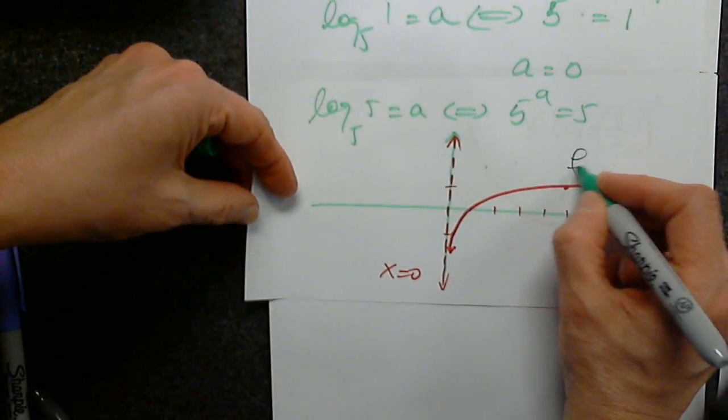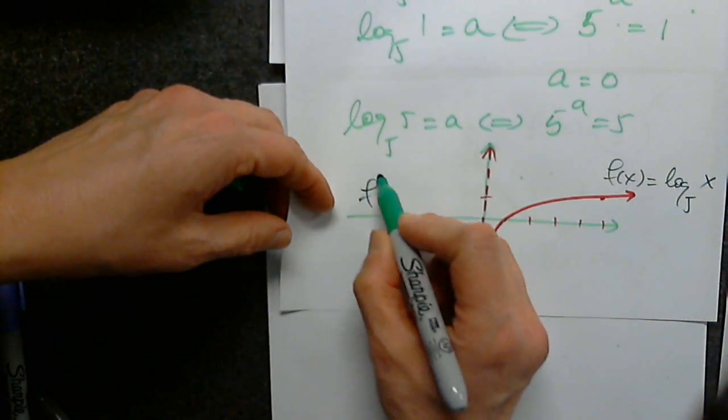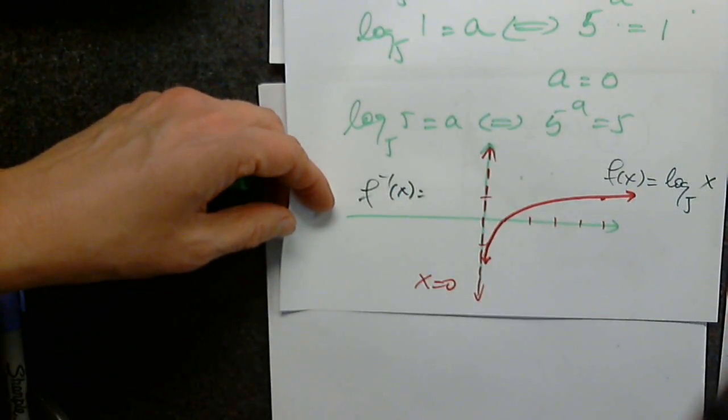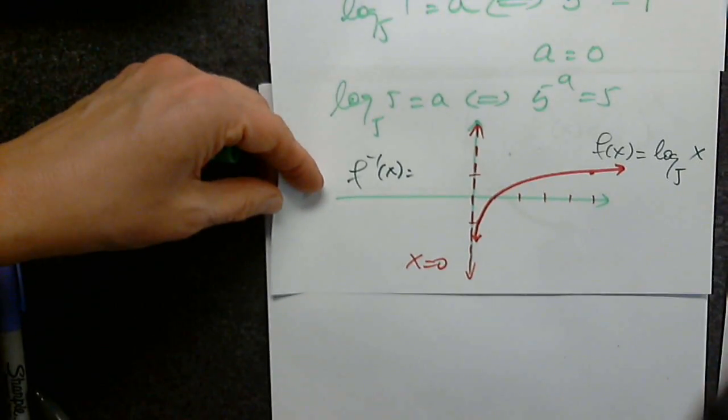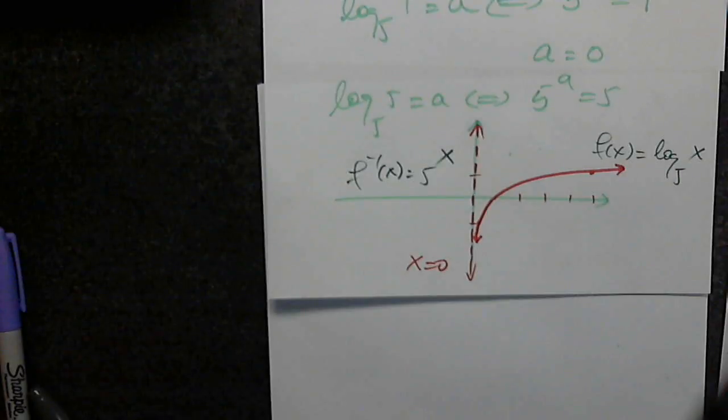What will be for this one? So this was f of x equals log base 5 of x. I want to also write the inverse function for this function. 5 to the x, yeah. Very good. So here's a question. If to x, I apply 5 to the x, and then I apply log base 5 of x, how much will I get?